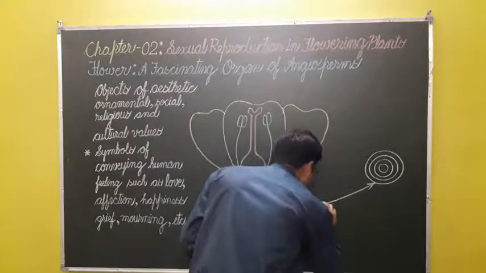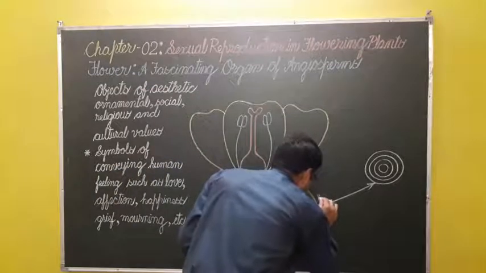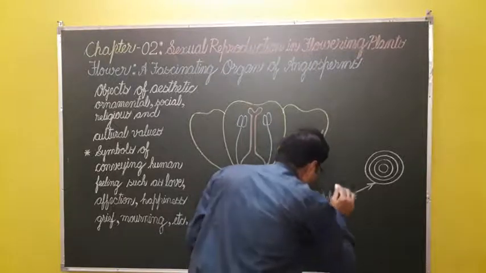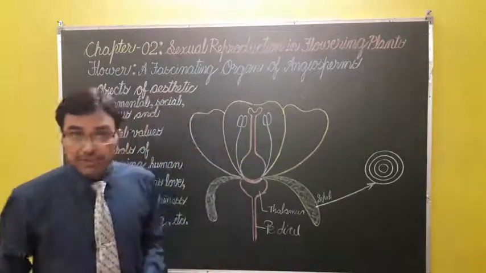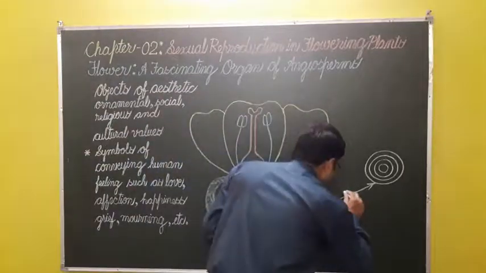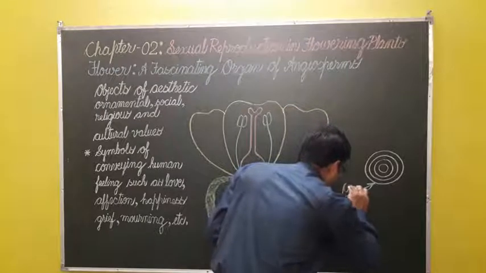So it's a sepal. What is the collective name of this sepal? Yes, it is calyx. So collectively they are called the calyx.